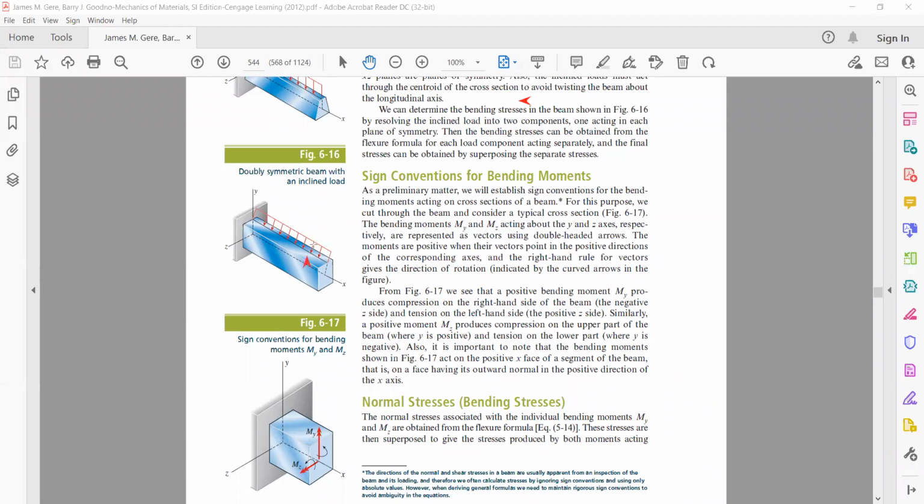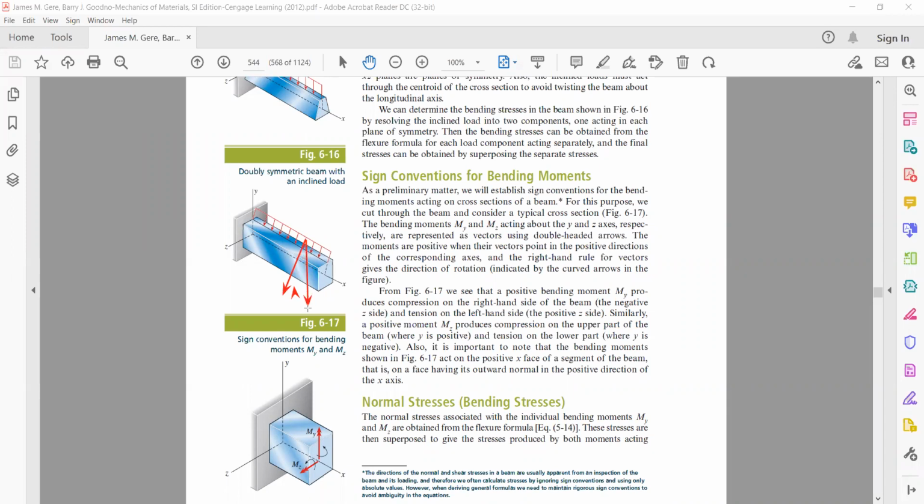This is the line of action of the load, isn't it? The load is acting along this axis. So essentially this can be resolved into two components.